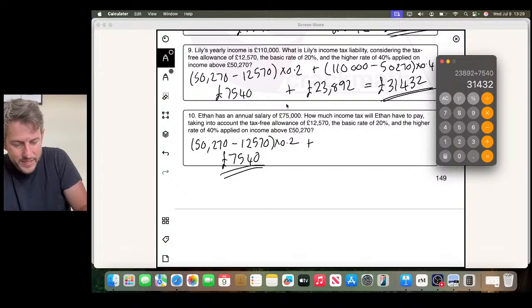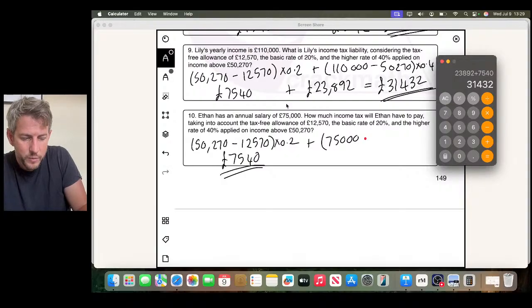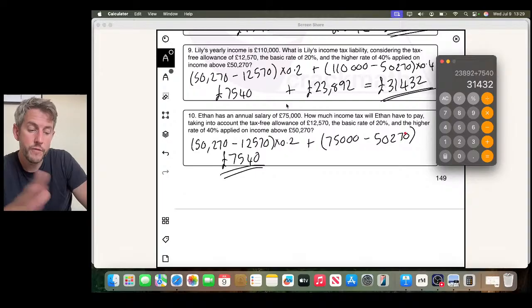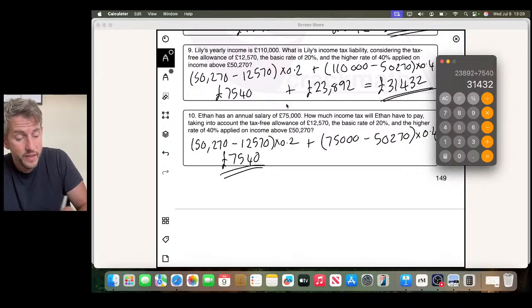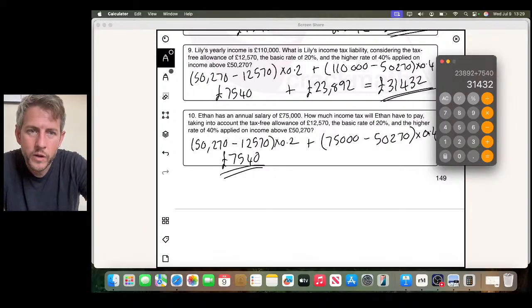And then we've got to add on Ethan's extra bit, so that's going to be 75,000 this time, take away the threshold here, and then because it's only the money over this that you pay that tax on, so that's 0.4.